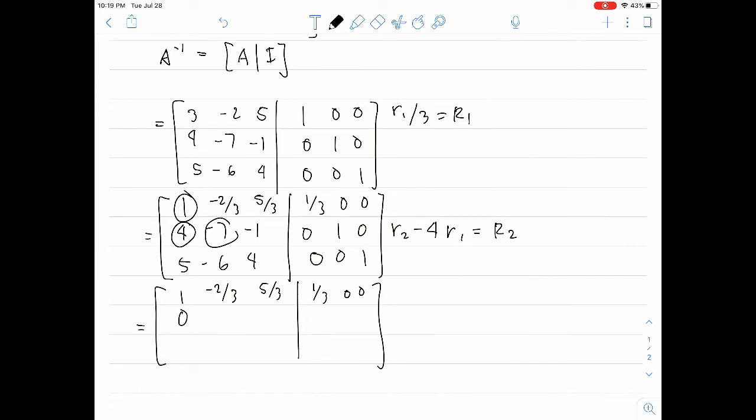Negative 7 minus 4 times negative 2 over 3 is negative 13 over 3. Negative 1 minus 4 times 5 over 3 is negative 23 over 3. Then 0 minus 4 times 1/3 is negative 4 over 3. 1 minus 4 times 0 is 1. 0 minus 4 times 0 is 0. Then copy the bottom.